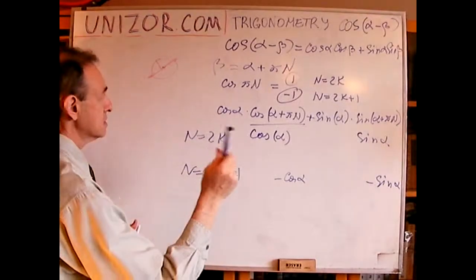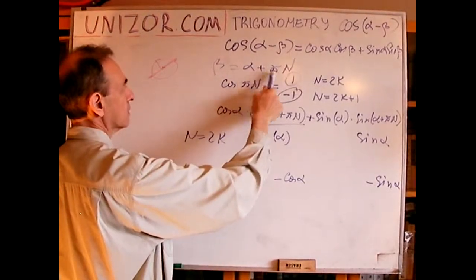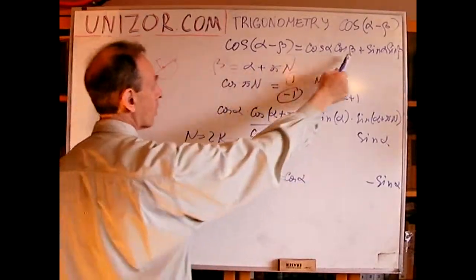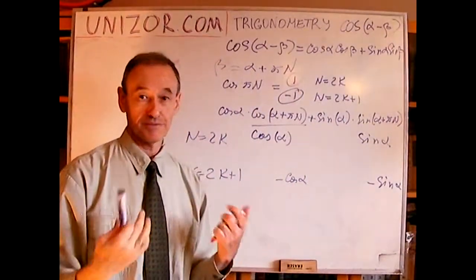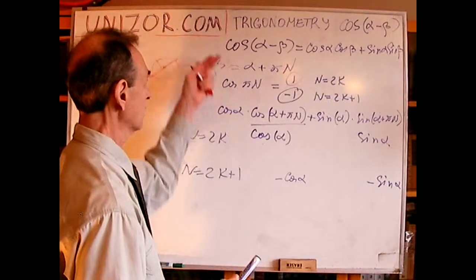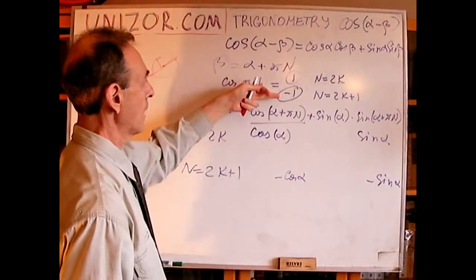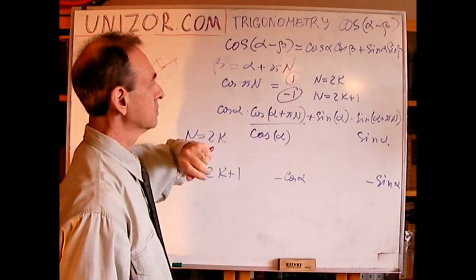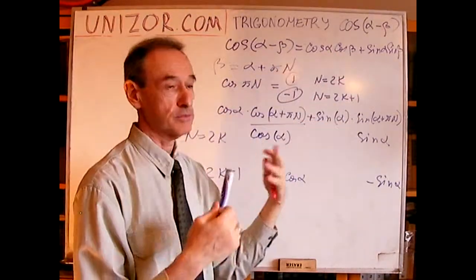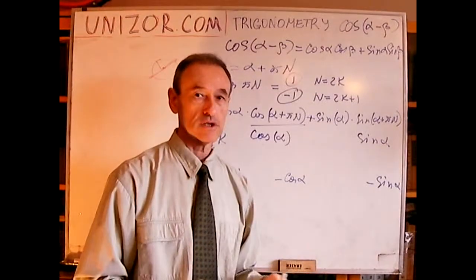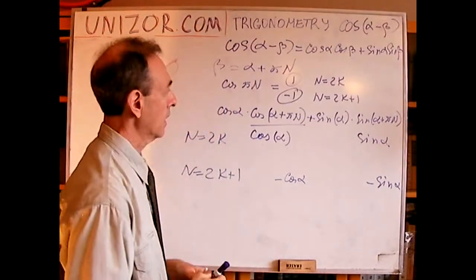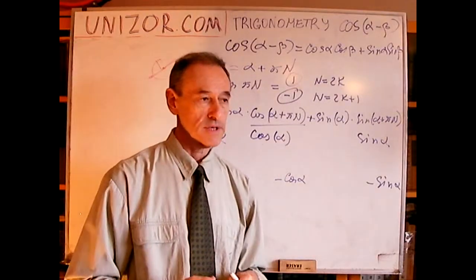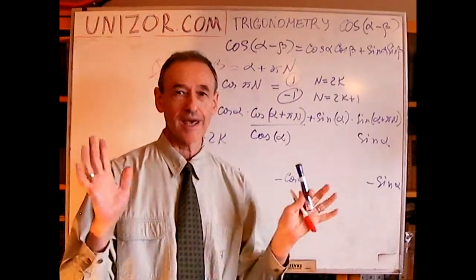So as you see, if alpha and beta differ by pi n, then this formula is still valid. Because on the left I will always have 1 or minus 1, depending on n being even or odd, and on the right I will have 1 or minus 1, depending on whether n is even or odd. So I think that actually concludes all the cases.